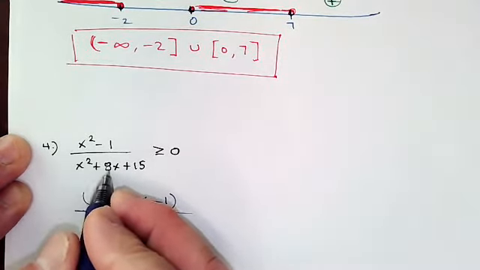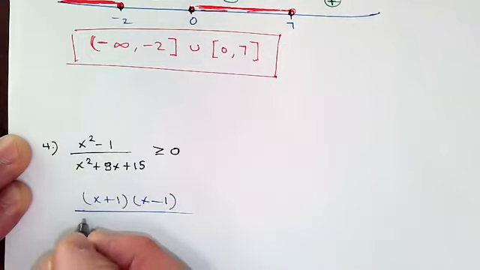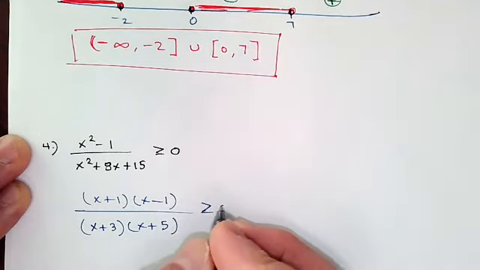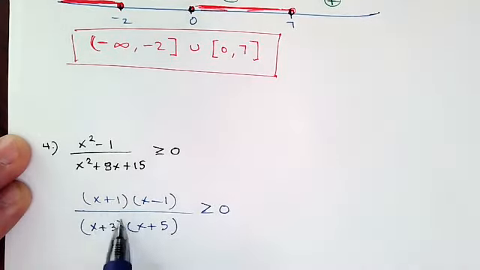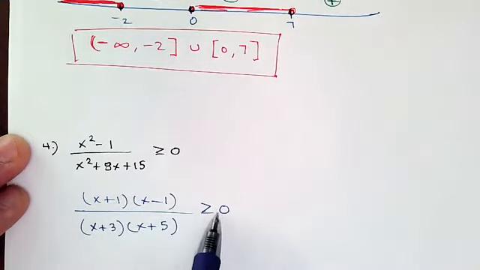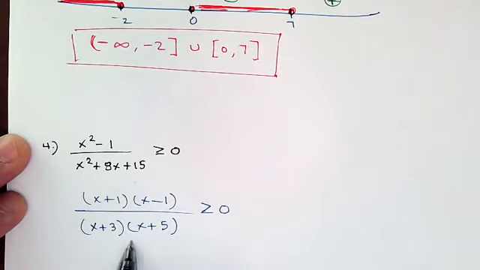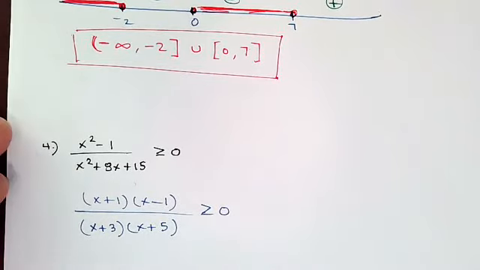The bottom x squared plus 8x plus 15 factors into x plus 3, x plus 5. And if you think about it, trying to find out where a fraction is greater than or equal to 0, it also depends on the signs, right? In other words, if the top is positive and the bottom is negative, I'm going to get a negative number, right? So we have to test all of these factors.